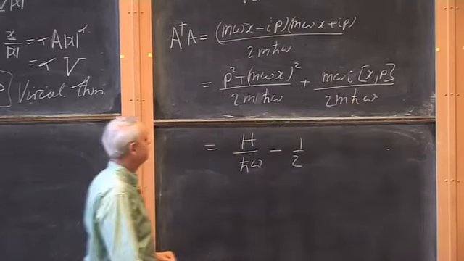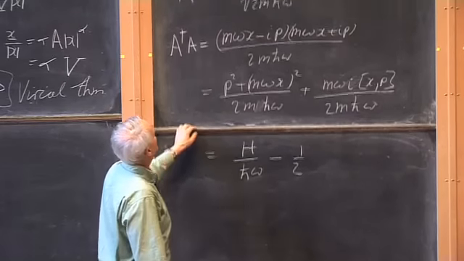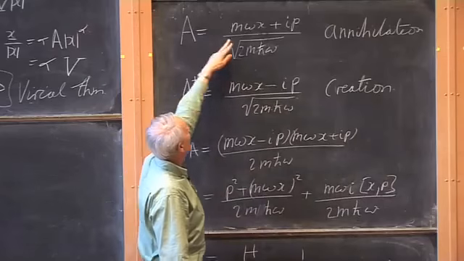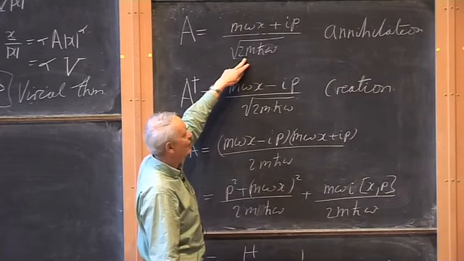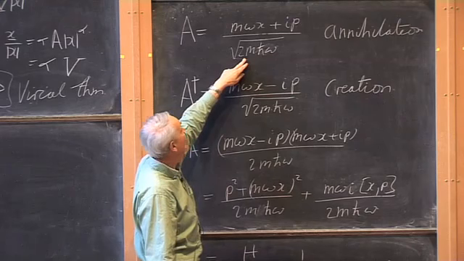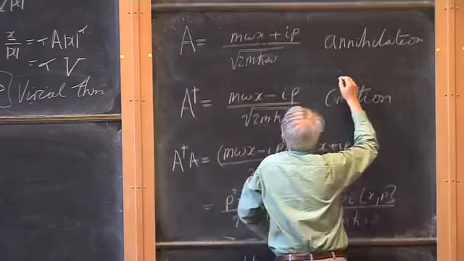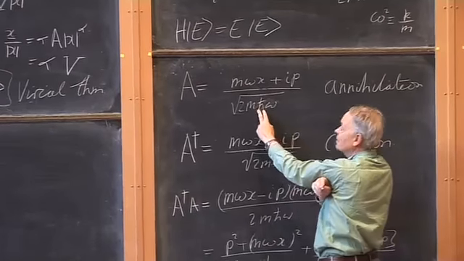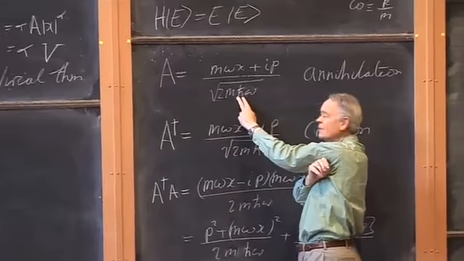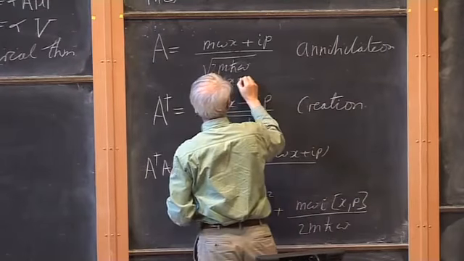So I should have explained, sorry, I wanted to factorize this, and this normalizing factor on the bottom is put in. It's not really essential, but it's very convenient, and it's put in order to make this dimensionless. So just to check that that's true, h bar has dimensions of position times momentum.